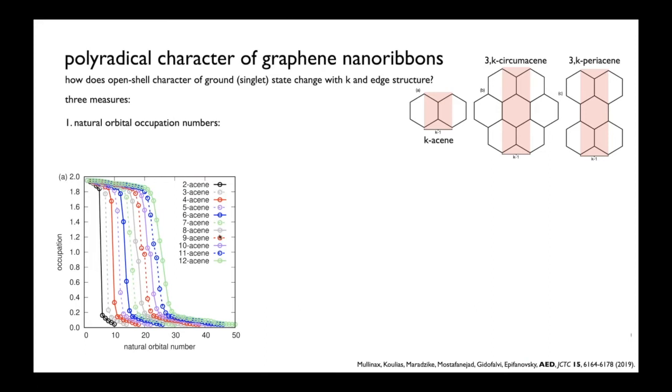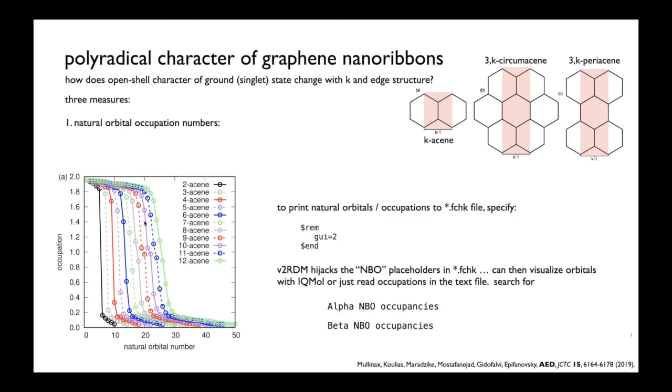But as you go to larger and larger acenes, you see that density starts to leak out of the highest occupied natural orbital and into the lowest unoccupied natural orbital. And then around 9 or 10 acene, we see that we have 2 orbitals that have equal occupation. So this would be around where we'd have the emergence of a singlet biradical, which is a challenging thing to describe with single reference methods.